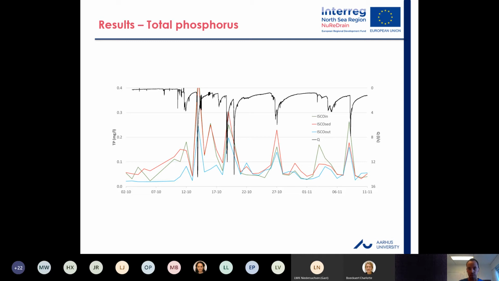This indicates that the filter is releasing phosphorus instead of removing it, and that some sediments are not well trapped by our sediment filter. Overall, we can see a breaking point around the 18th of October. And after that breaking point, there is no clear removal effect based on these results.